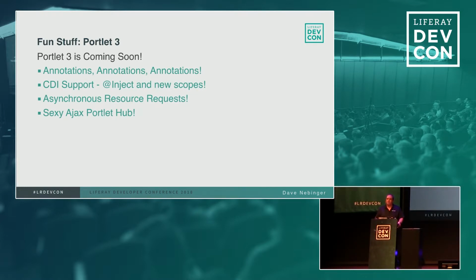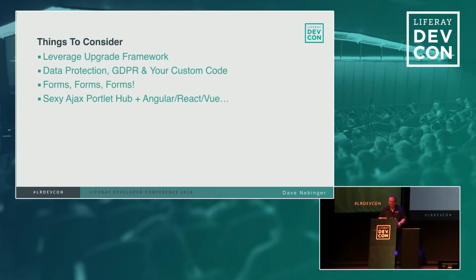So in your resource request, if you have a long-running process, like you have to build a spreadsheet, or you're creating an image, or you're doing some sort of long-running query in order to generate a result, you can now spin that off as a thread to get improved performance for your resource request handling. And finally, there's the sexy Ajax Portlet Hub. It actually says that in the specification itself. It calls it the sexy Ajax Portlet Hub. So if you don't believe me, check it out.